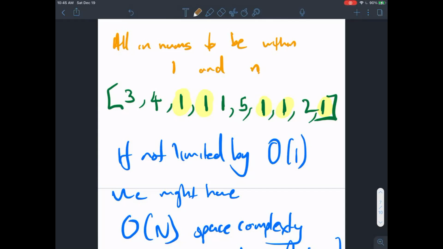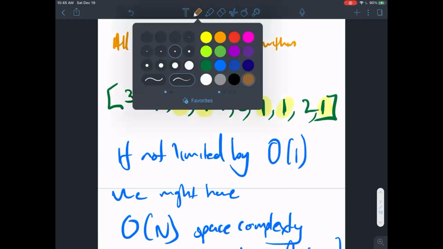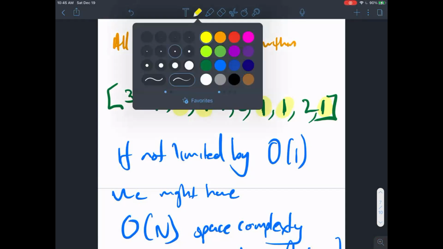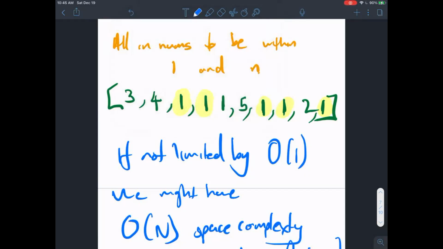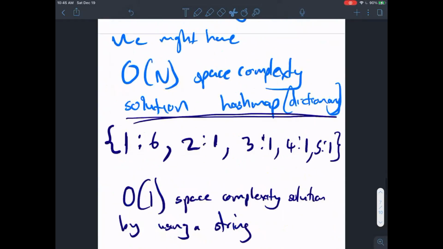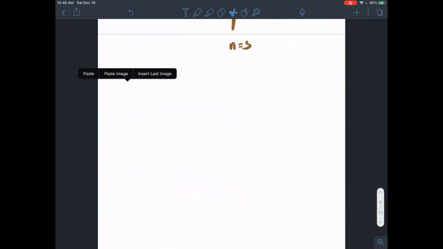Let me use this example. You look through your array. Let me copy this and paste it here.